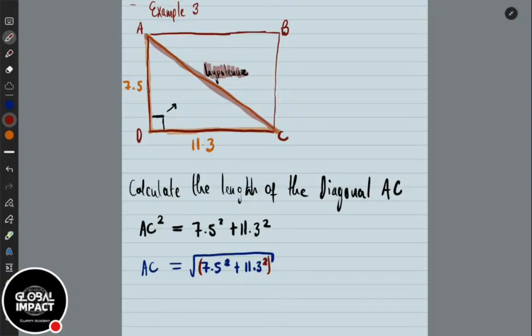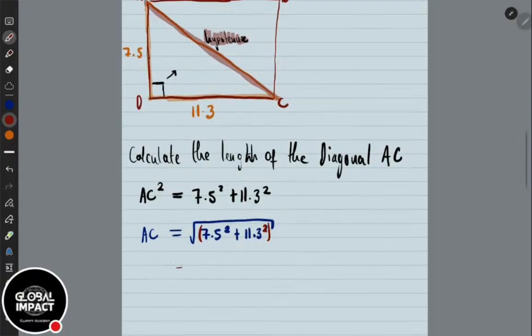What is the answer for this one? What is the answer, guys? Albert Lee, what's the answer?